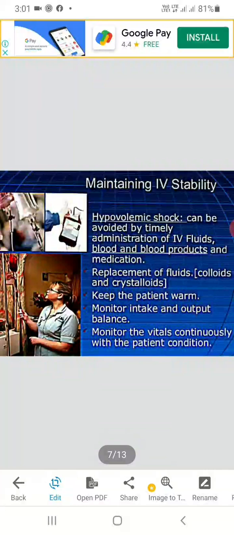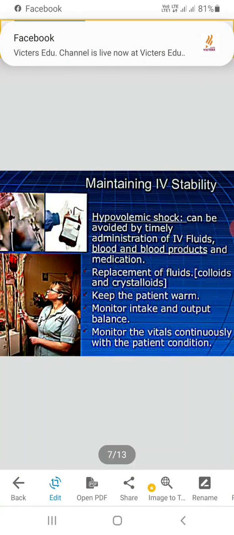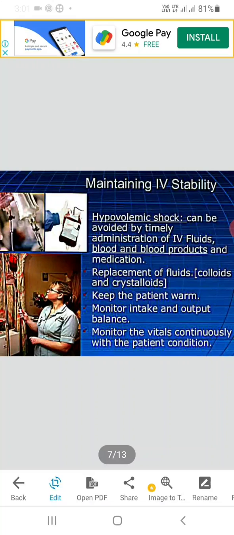Hypovolemic shock can be avoided by timely administration of IV fluids, blood and blood products, and medications. We should maintain the input-output chart, and replace fluids, colloids or crystalloids. Keep the patient warm, and monitor intake and output.